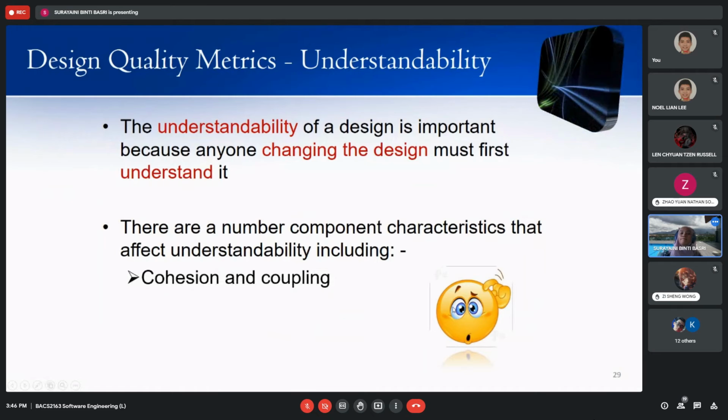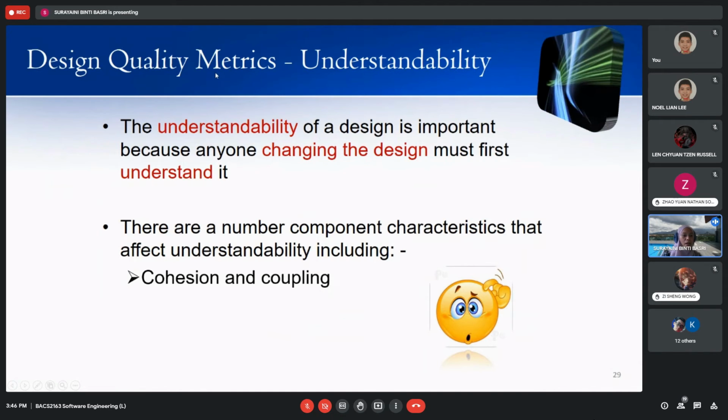Okay, so the third quality metric is understandability. I think you all can understand what understandability is without me explaining it much. The understandability of a design is important because anyone changing the design must first understand it.